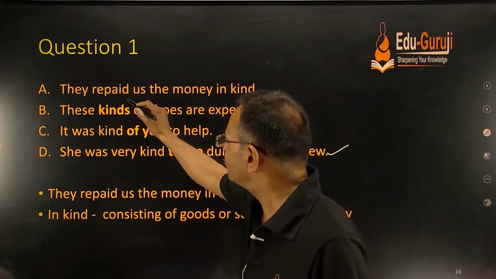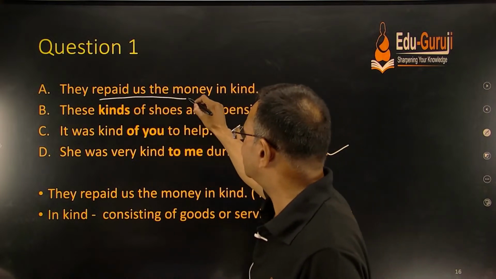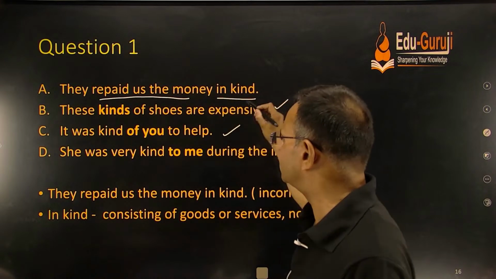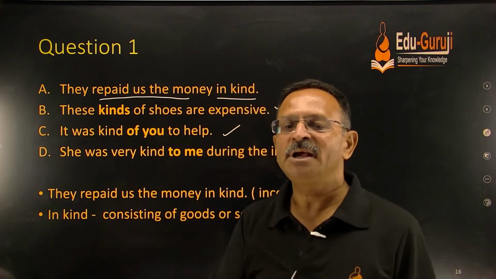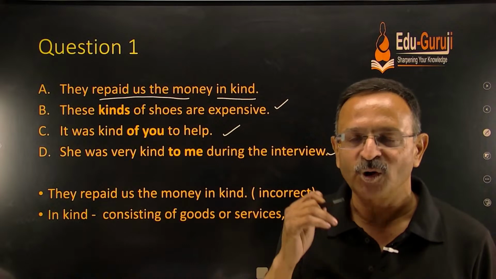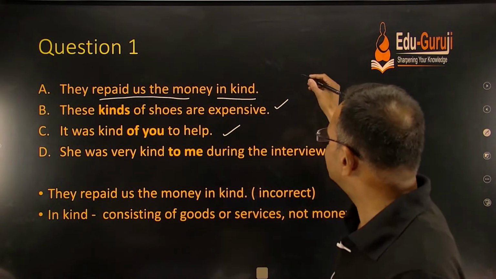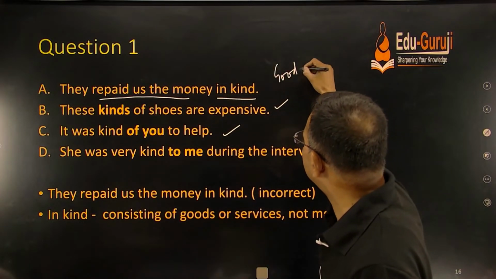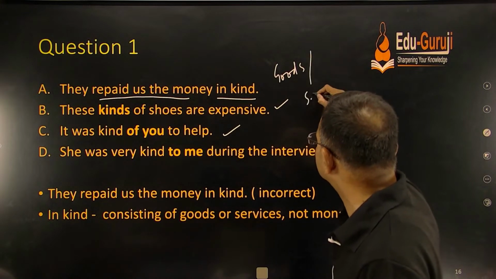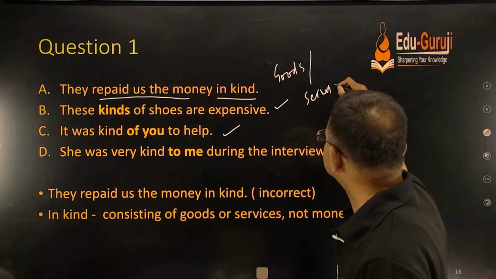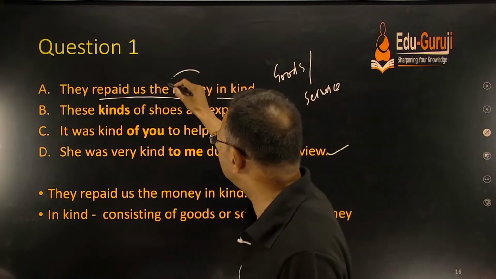But remember this, look at this, repaid us. They repaid us the money in kind. So what we learned, in kind means what? It means the things, goods. In kind refers to goods or services. So we cannot use money in kind.